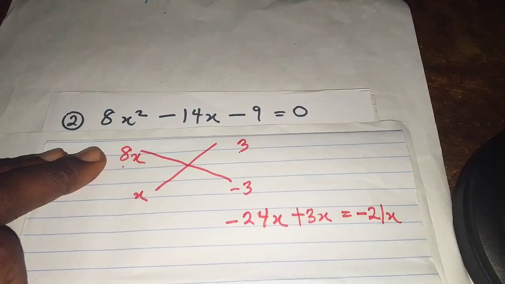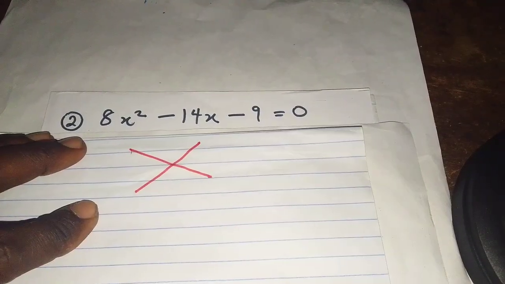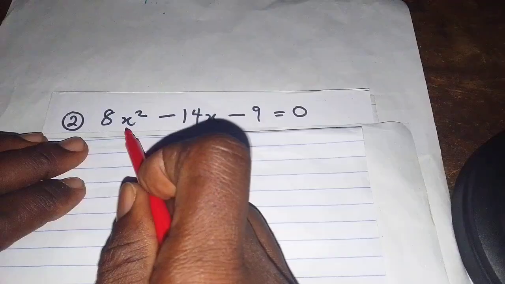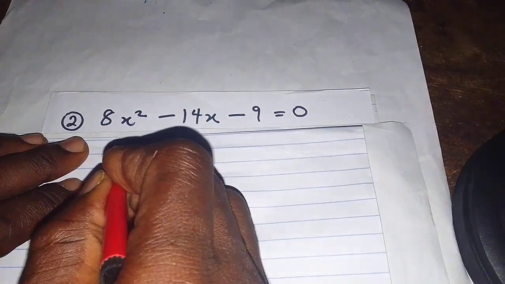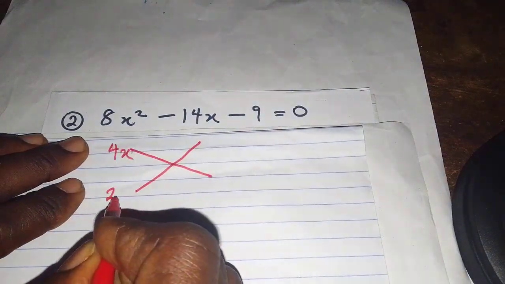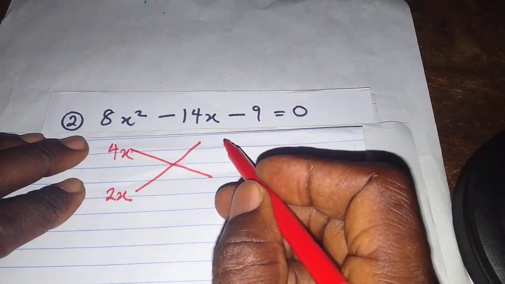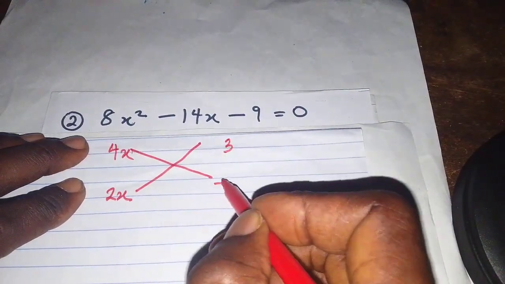So that means we need to change the numbers again to be able to know which one to use. So now again, let me change the figures here. 8x squared, what can give us 8x squared? I can say 4x times 2x will give me 8x squared. So let me try again here. We say 3 times minus 3.